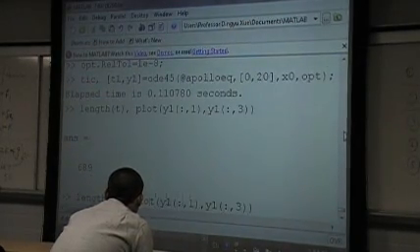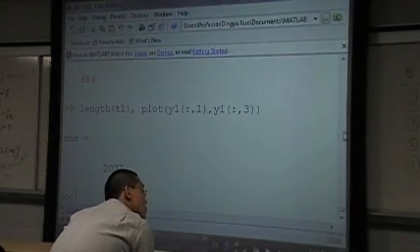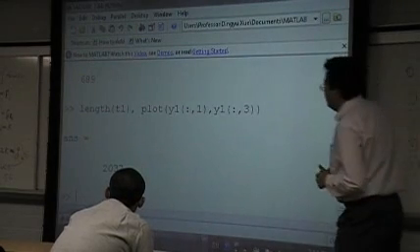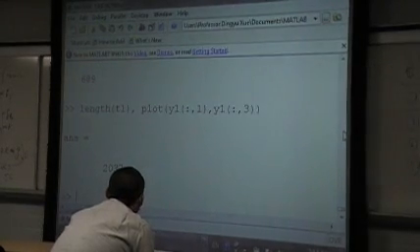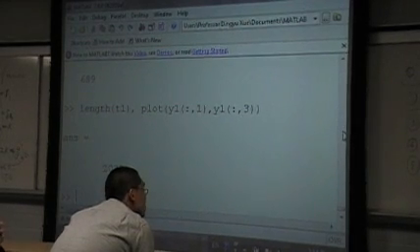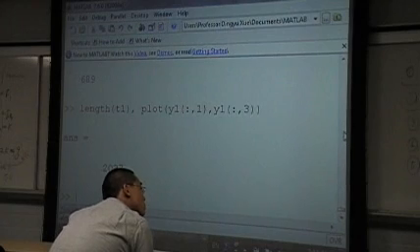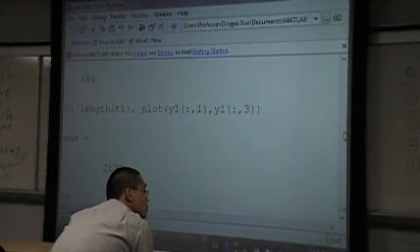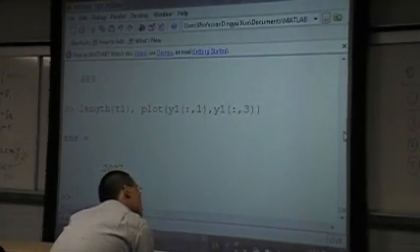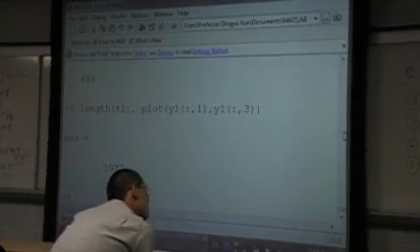Let's check length T1: it's about 2,000 points. With the error tolerance of 10 to the minus 8 power, it is also about 2,000 points. However, if you use the default one, it has 680 something points.